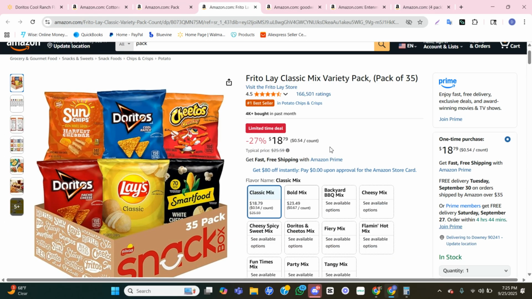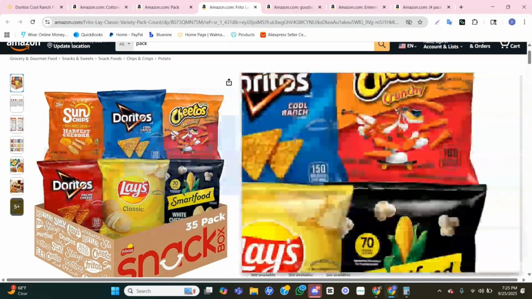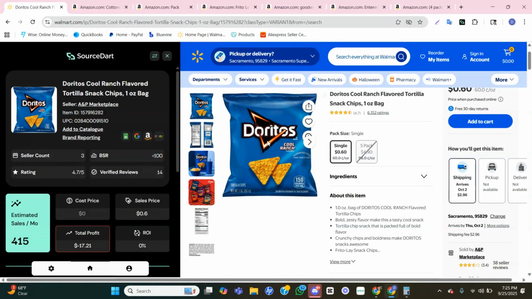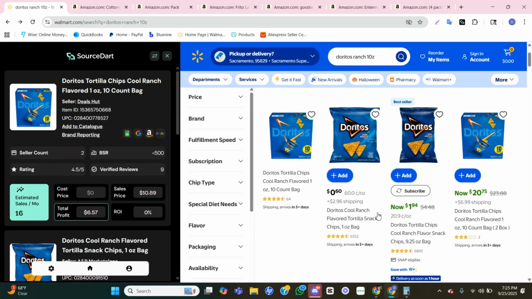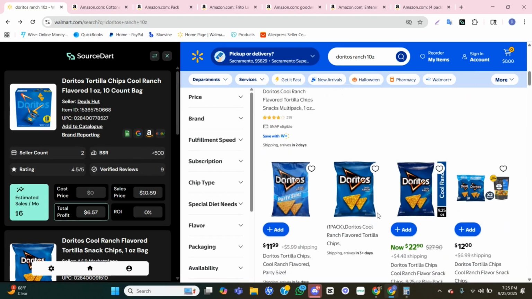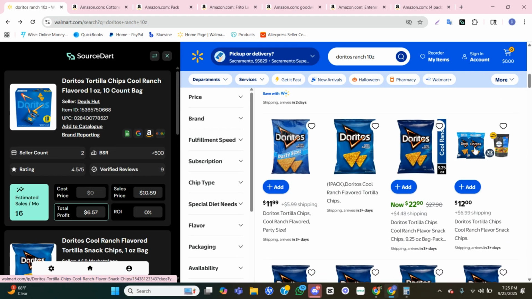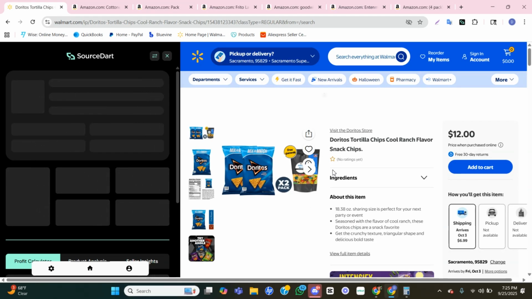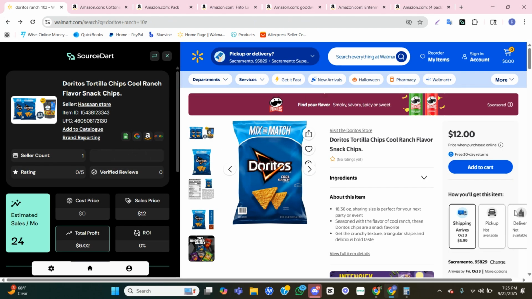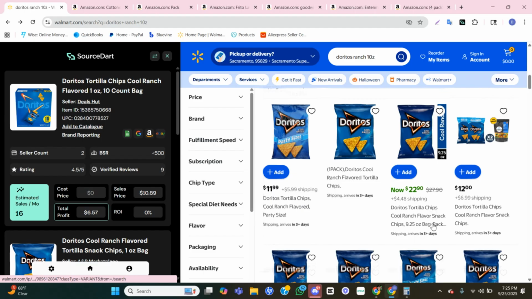That's what I'm saying: you can buy a pack of this and resell it at retail. Let's see other products. This one is like a bundle.